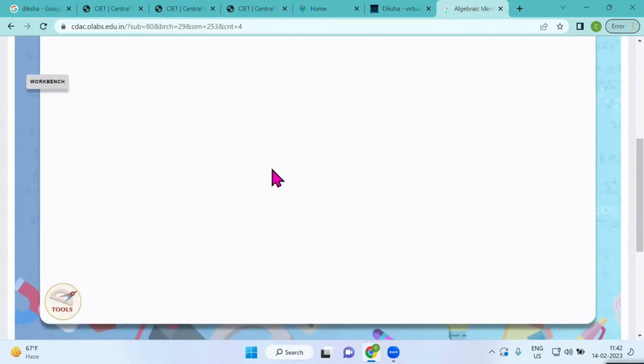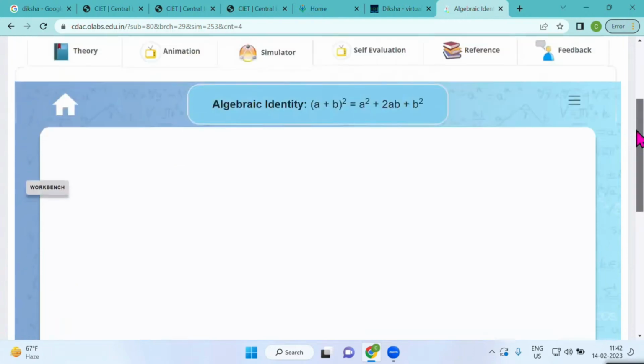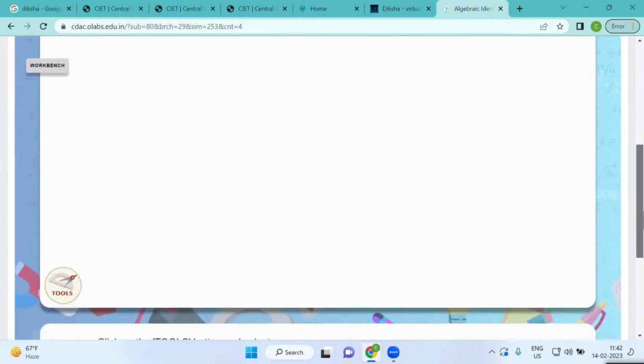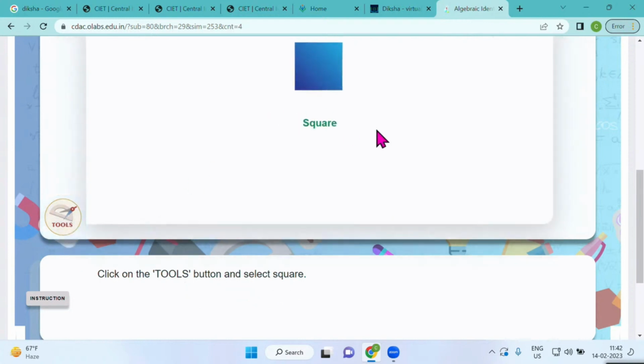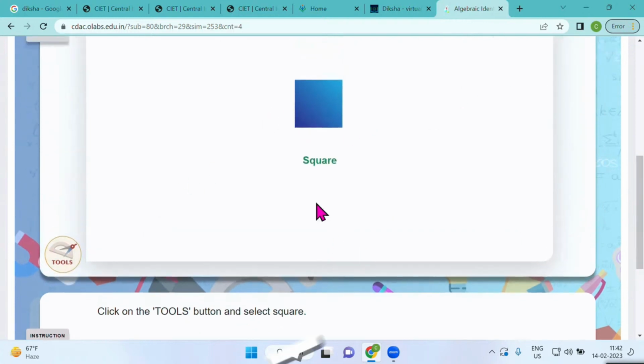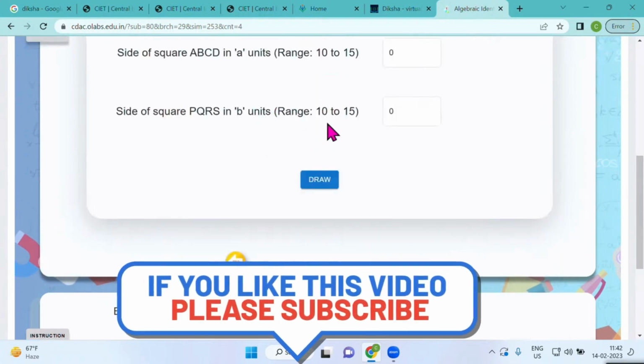So we have a screen, and below we have instructions: click on the tools button and select the square. So we will click on the tools button and we have a square. We will click on square, and what dimensions we have to take for these two squares, all the ranges are given.